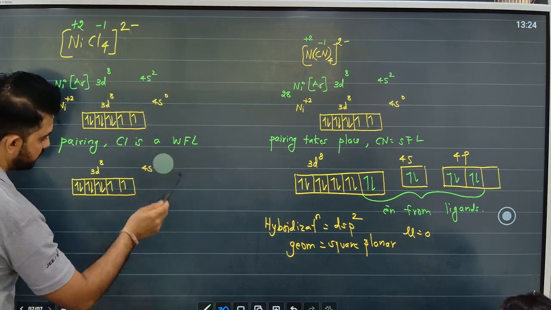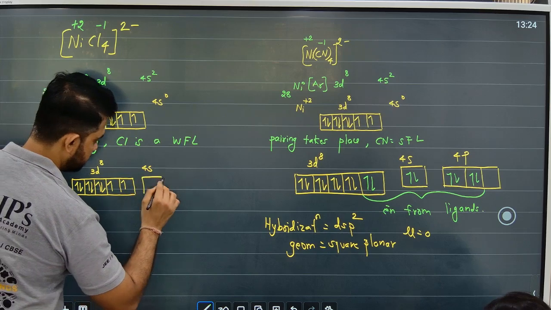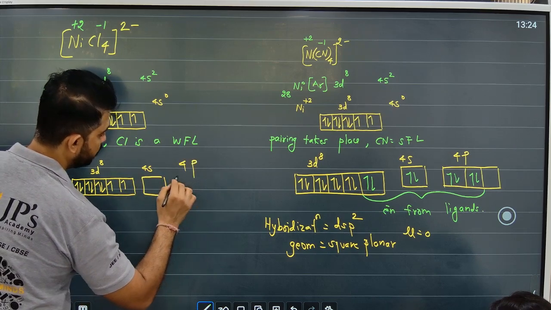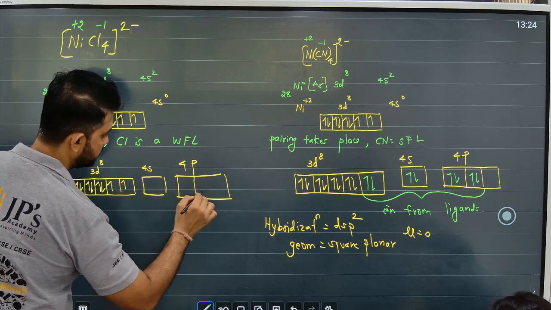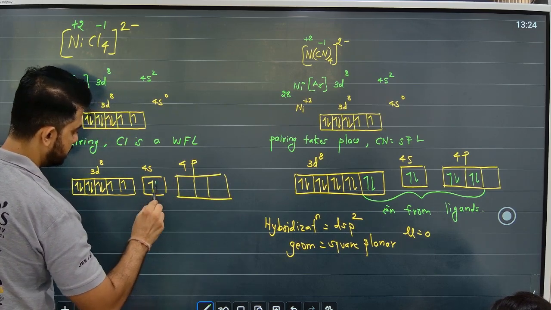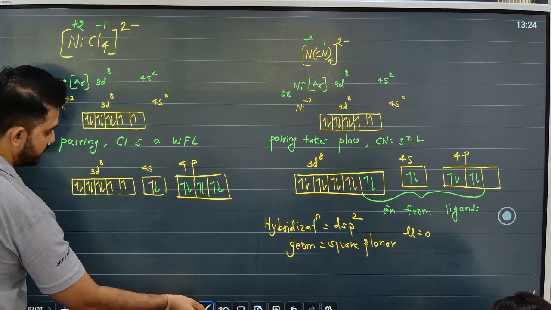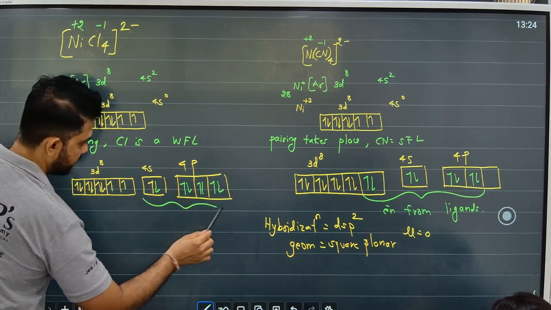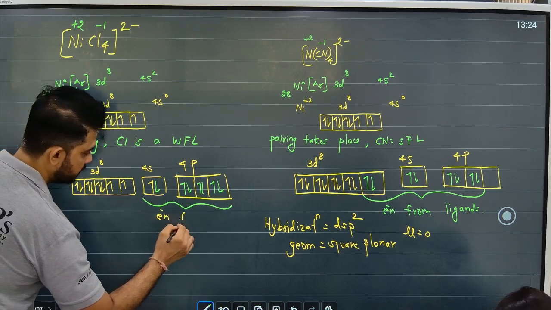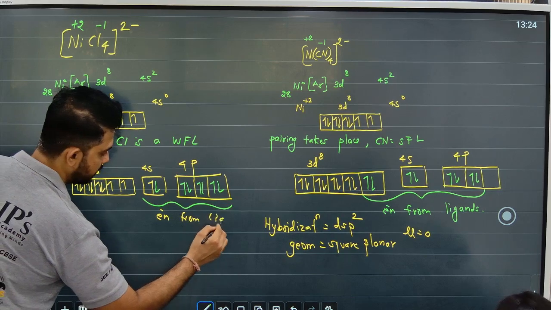4s पे कौन आएगा? How many electrons, how many lone pairs do we have to accommodate? 1, 2, 3, 4. क्या लिखेंगे हम? Electrons from ligand.